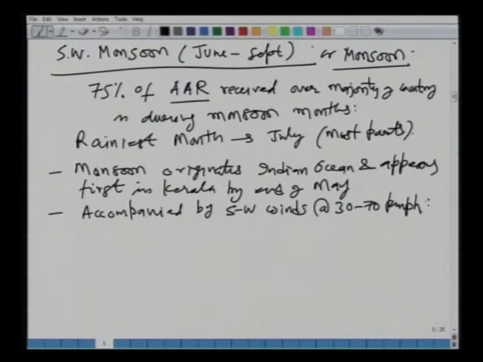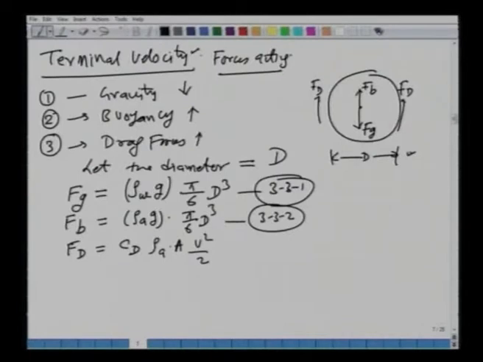So, I will look at that again, looking at some numbers. The rainfall which we get, I was talking about the spatial variation of rainfall in India. In Assam and the northeast region, they receive about 200 to 400 centimeters of rainfall over the whole year. These are on an average numbers in different places in Assam and northeast.